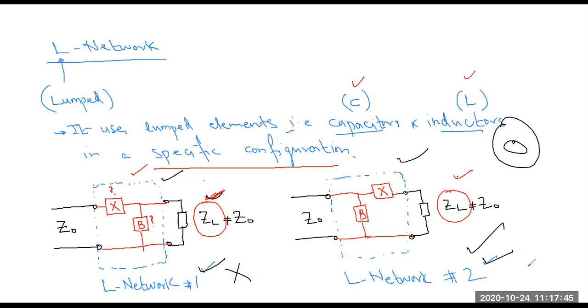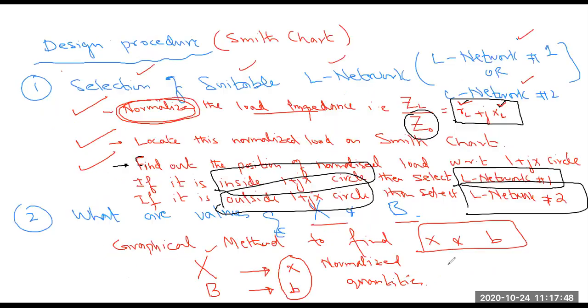Okay. So now let's move on to the next part. That is, once you have selected the proper L network, how to find out the values of X and B. So how to find the values of X and B using the Smith chart. So let me again share the Smith chart.